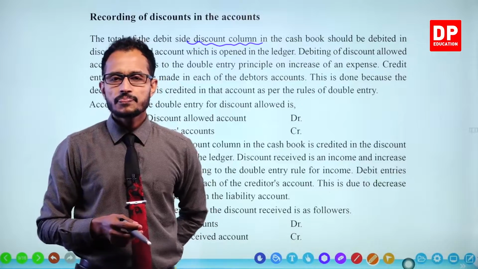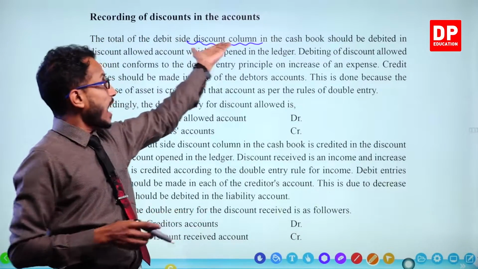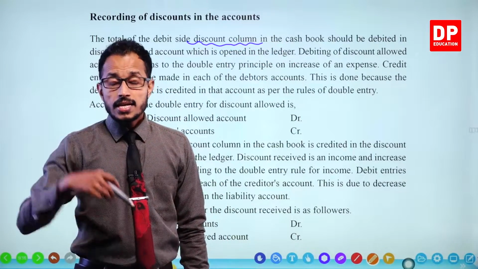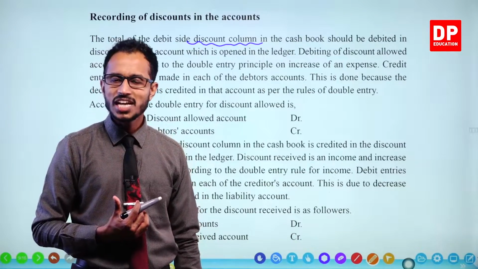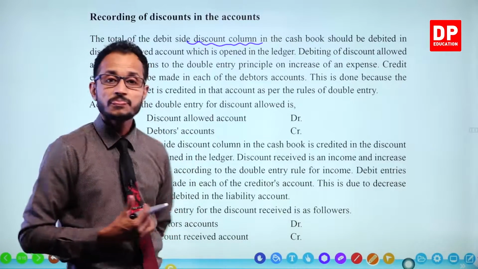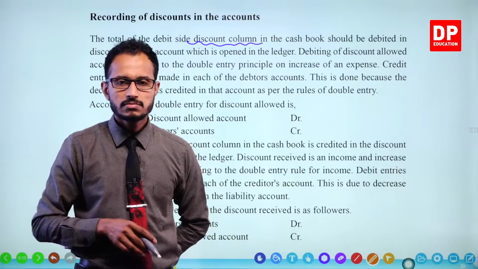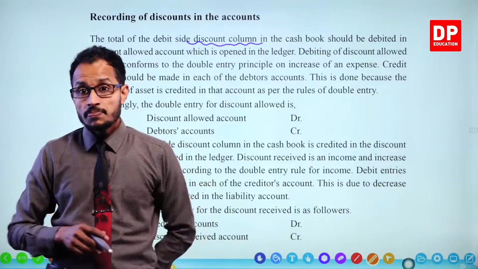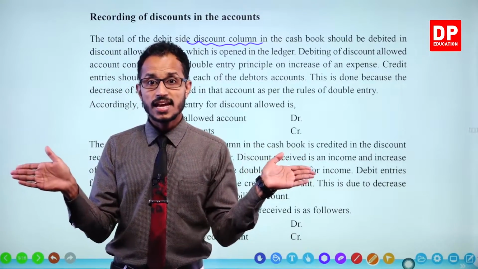I ended the last session saying, due to cash discounts, children, the format of the cash book should be changed a little bit. Not much, a little. With an additional column in the debit side as well as in the credit side.